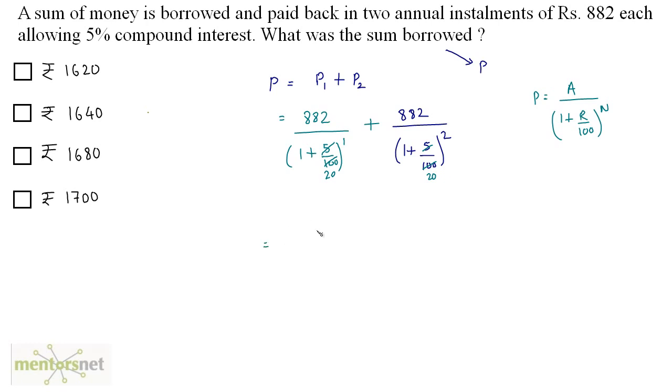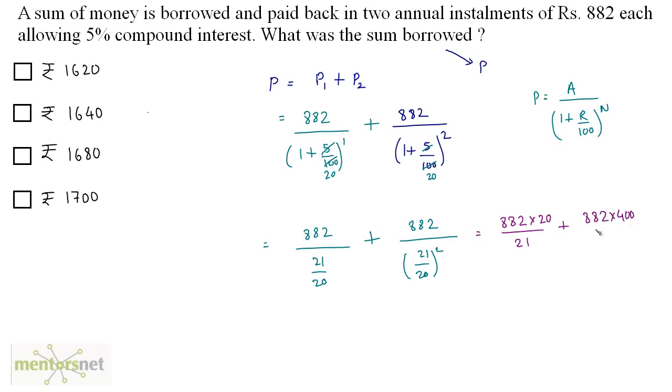So I have 882 divided by 21 by 20, plus 882 divided by 21 by 20 whole square, and that is equal to 882 times 20 by 21 plus 882 times 20 square, that's 882 times 400, divided by 21 square, which is 441.